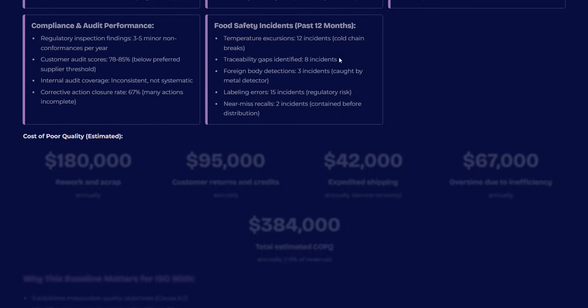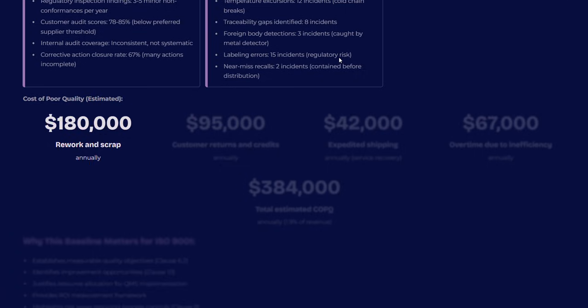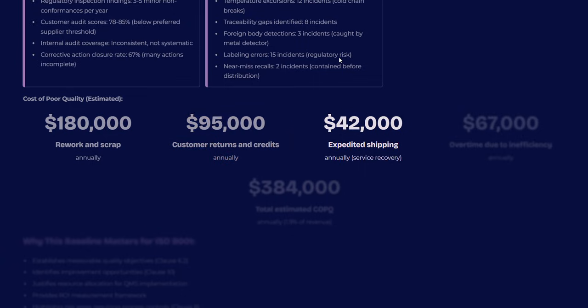So let's look at the cost of poor quality now. We are estimating $180,000 rework and scrap annually, $95,000 customer returns and credits annually, $42,000 expedited shipping for service recovery annually, and $67,000 overtime due to inefficiency annually.